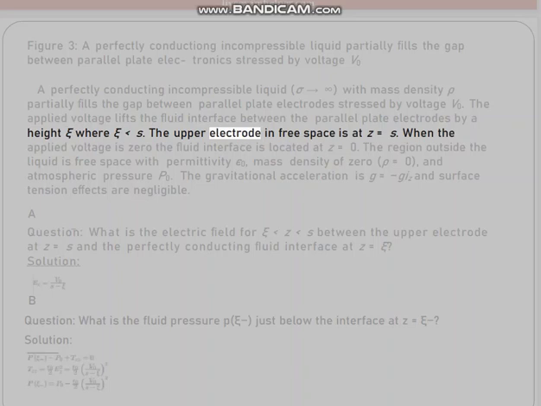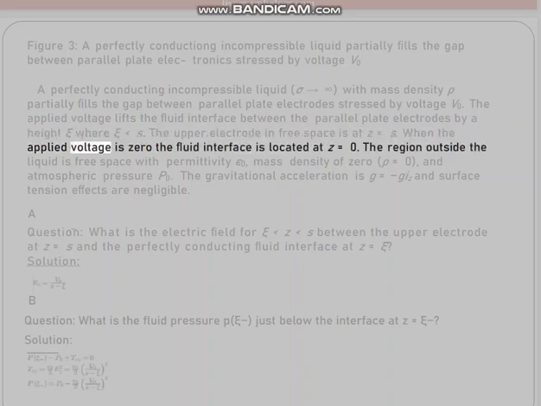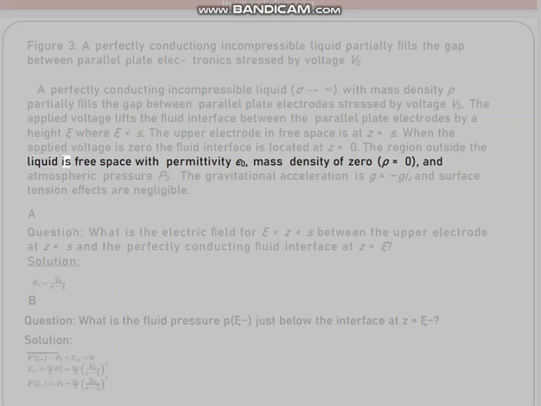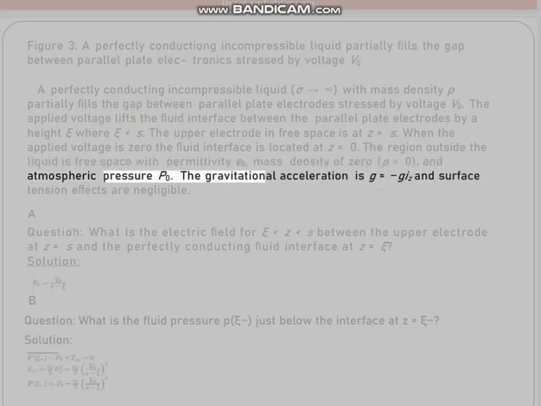The upper electrode in free space is at z equals s. When the applied voltage is 0, the fluid interface is located at z equals 0. The region outside the liquid is free space with permittivity ε0, mass density of 0, ρ equals 0, and atmospheric pressure P0. The gravitational acceleration is g equals minus g i_z and surface tension effects are negligible.